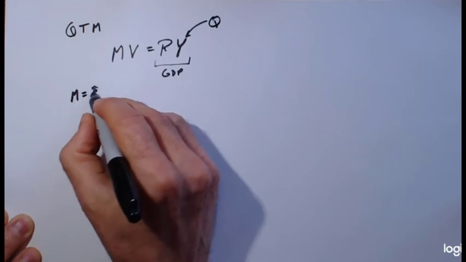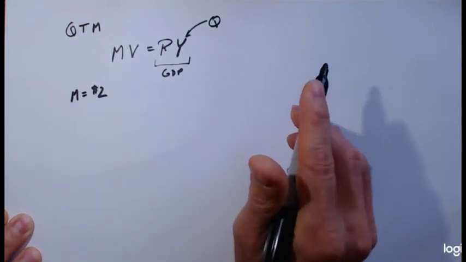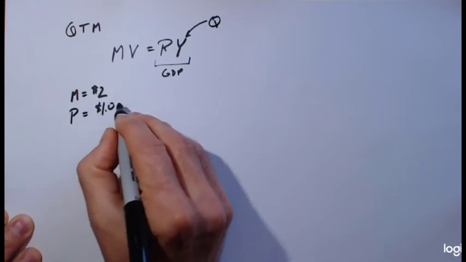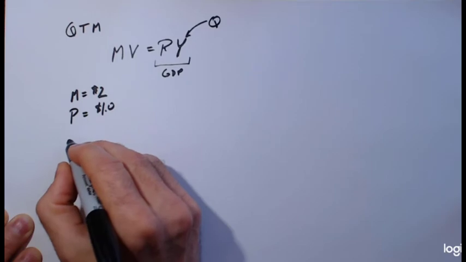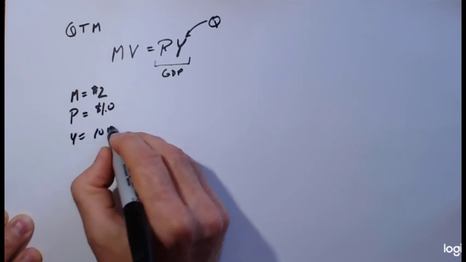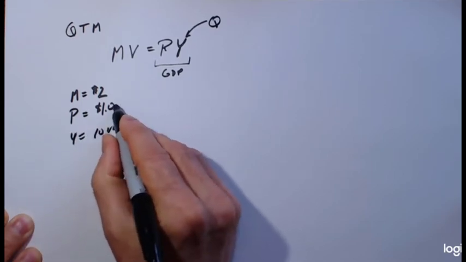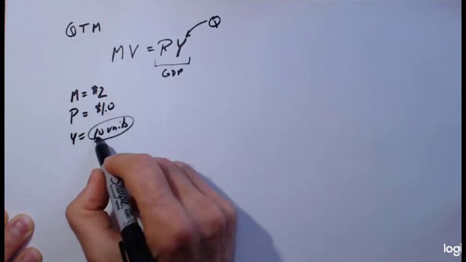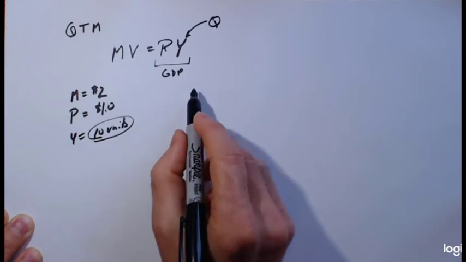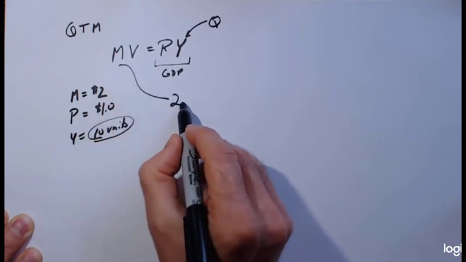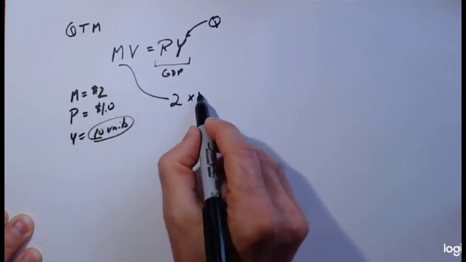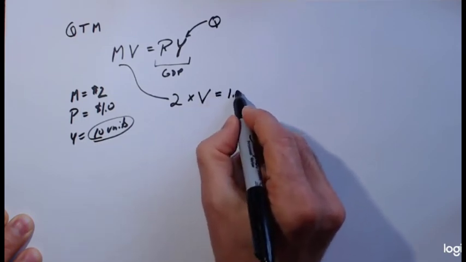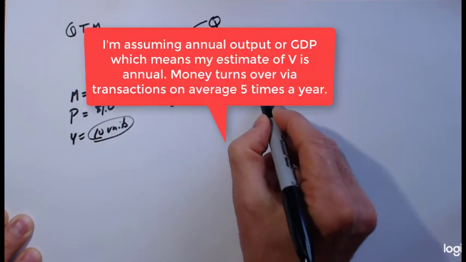That's GDP. Now let me give you an example so this makes some more sense. So let's say the money supply in a really simple economy is $2. The price level is $1, and there's 10 units of Y. In other words, the price of a unit of Y is $1, and so there's production of 10 units in a given year, and so therefore you have 2 times V equals 1 times 10.